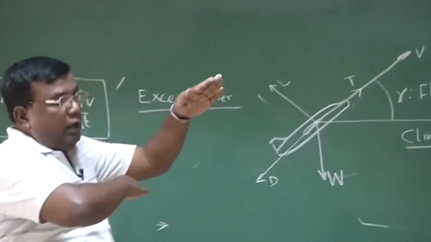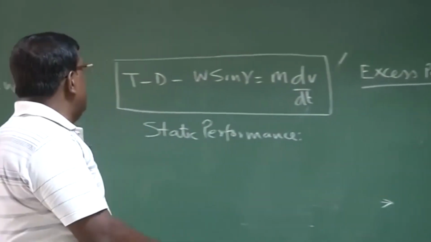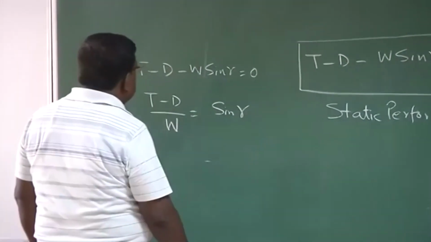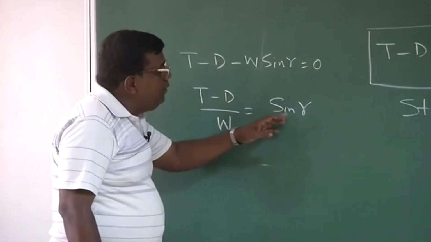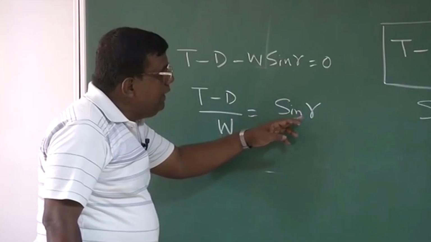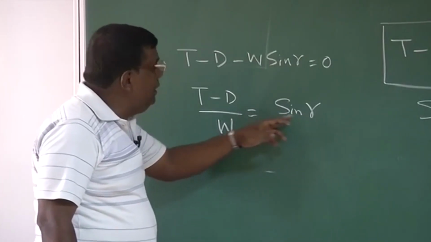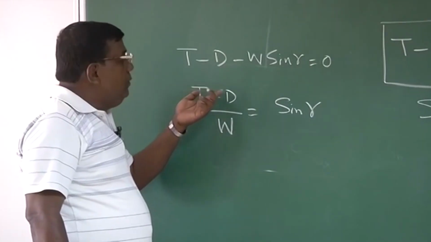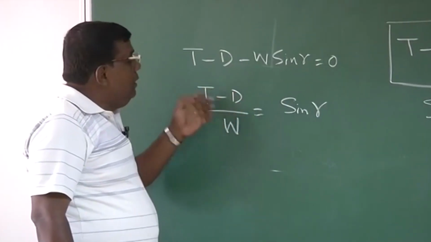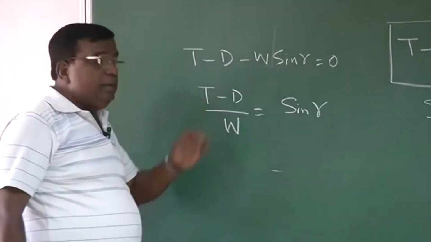The velocity vector with the horizontal is the flight path angle or climb angle. So what is the message from here? If I am to fly the airplane at a particular climb angle, I should ensure that it has enough thrust to compensate drag, and this relation should be valid, right?